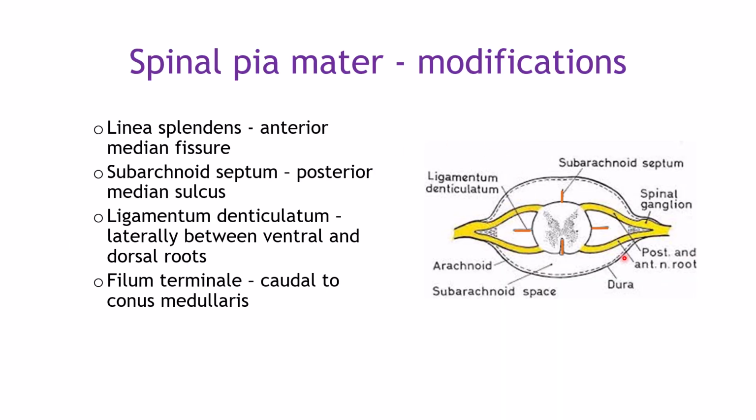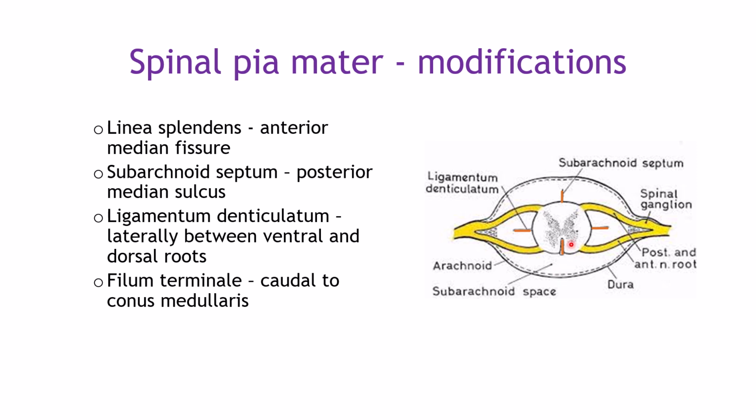Now see the cut section of the spinal cord, where you can identify the inner grey matter, which is butterfly shaped, and the peripheral white matter, closely invested by the pia mater. You can see the subarachnoid space, the arachnoid, and the outermost dura mater, with the dorsal and ventral roots and the mixed spinal nerve.